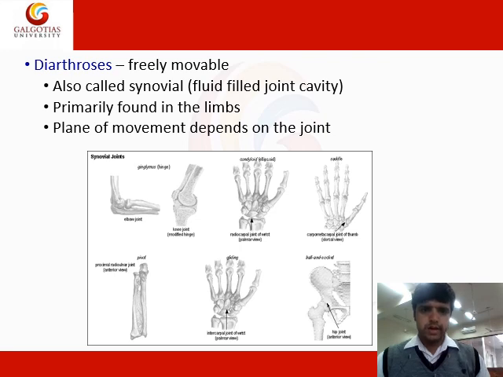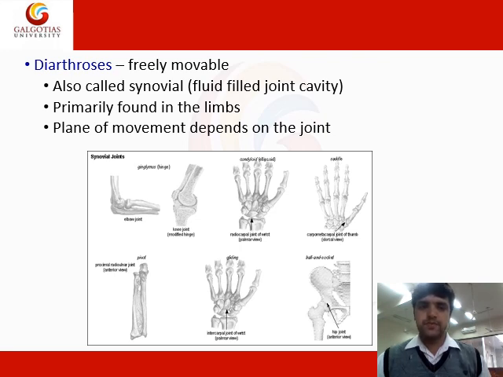The third type of joints based on the functional classification is diarthrosis. Diarthroses are freely movable joints. Another name for diarthrosis is synovial joints. Synovial means there is fluid filled within the joint cavity.